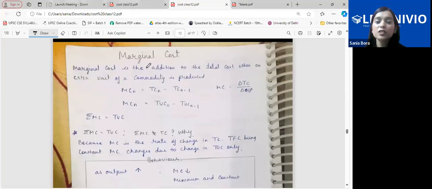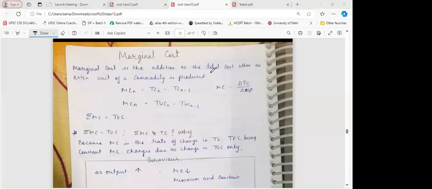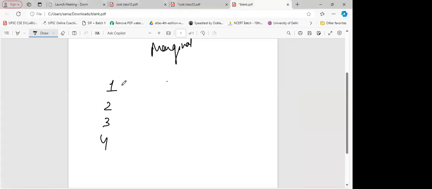Marginal cost is basically the addition to the total cost when an extra unit of commodity is produced. For example, earlier you were producing one chocolate, using 10 units of light. Now you will use 20 units.